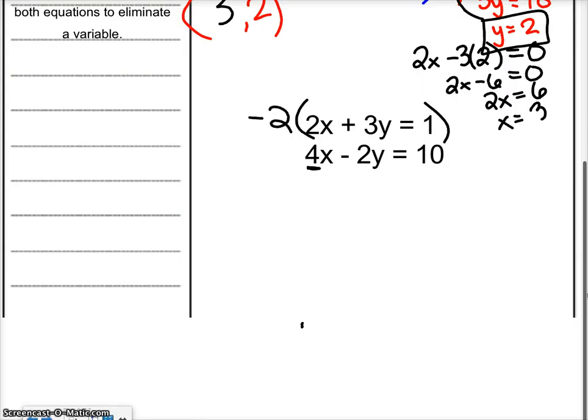Now distribute. Negative 2 times 2 is negative 4x plus negative 2 times 3, negative 6y equals negative 2 times 1, negative 2.